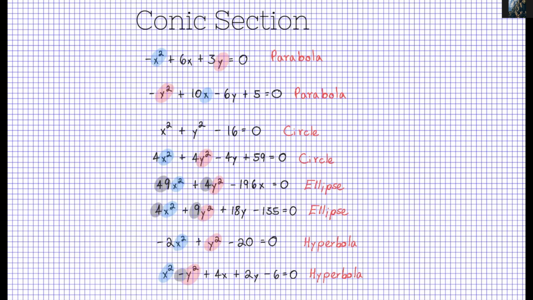They are circles. Scenario number 3, both of your variables are squared, but they have different coefficients, all of them positive. Those are ellipses. Final scenario, both of your variables are squared, but one of them will have a negative coefficient. Those will be the hyperbolas.